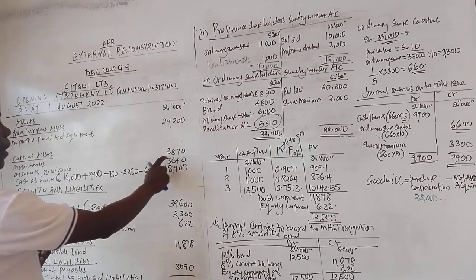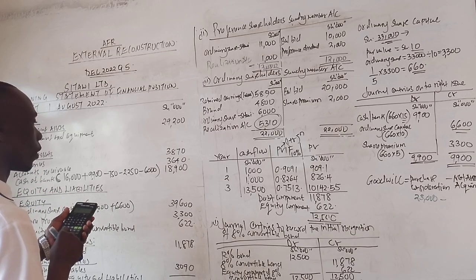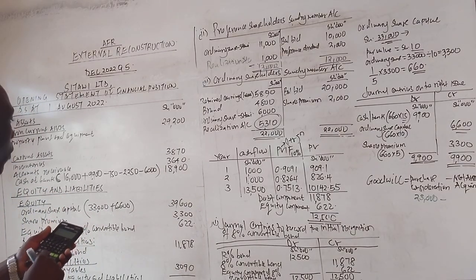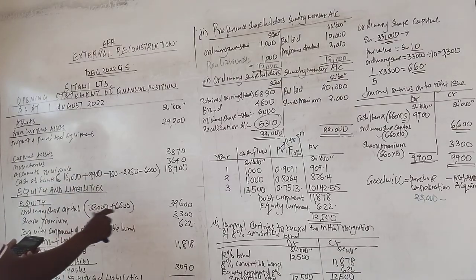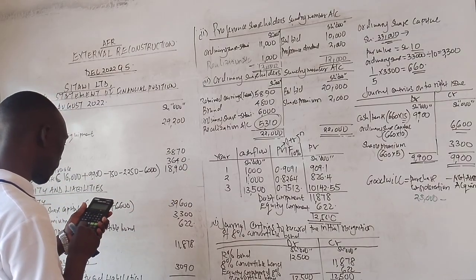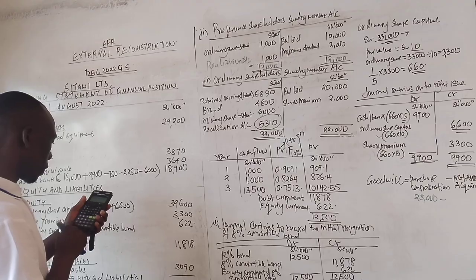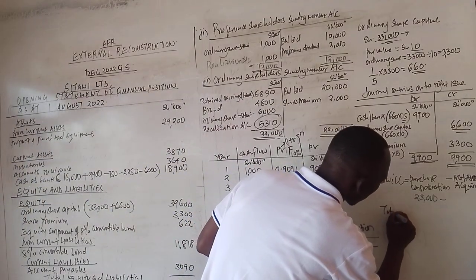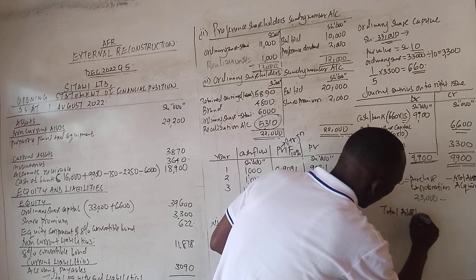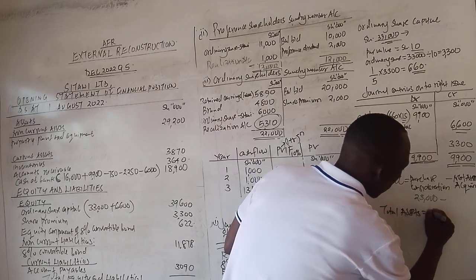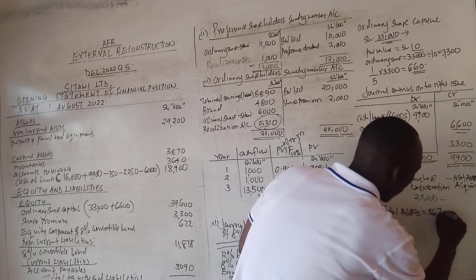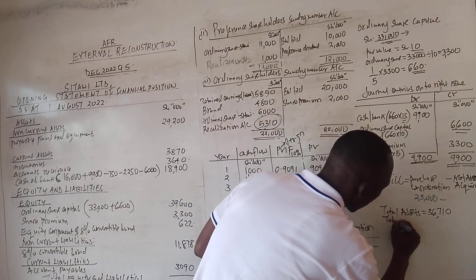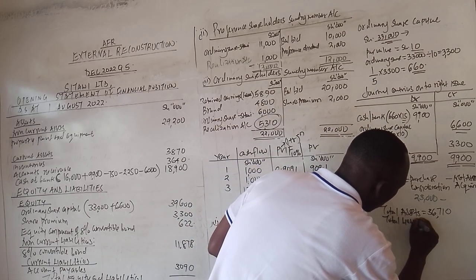Then we add inventory, which was 3,870. Then we add account receivable, which was 3,640. So our total assets were worth 36,710.